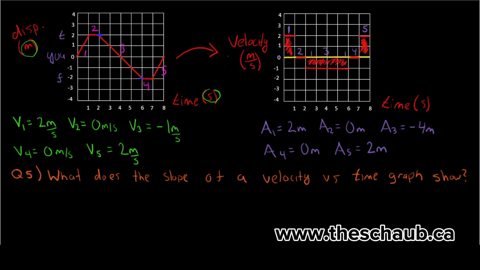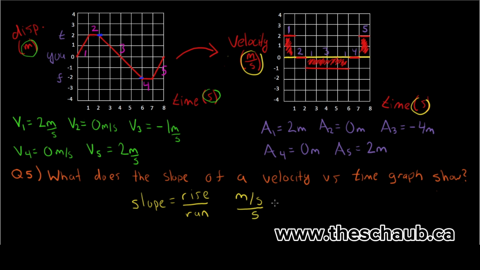The fifth and final question is, what does the slope of a velocity versus time graph show? To answer this question, we again look at the units of the slope. So slope, again, is equal to rise over run. In a velocity time graph, our rise is equal to a unit of meters per second, and our run is equal to a unit of seconds.